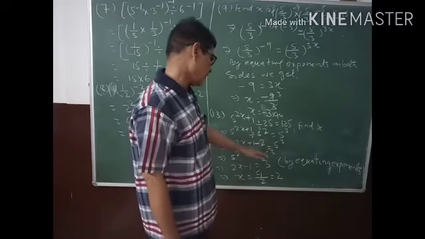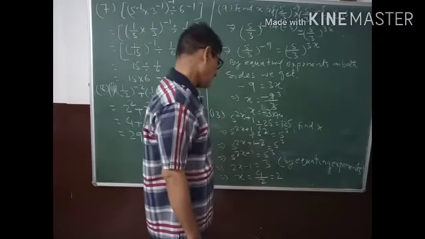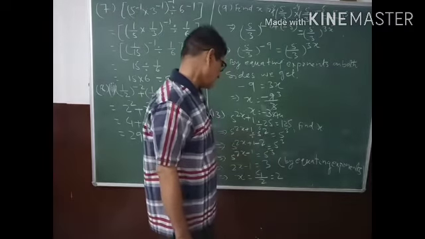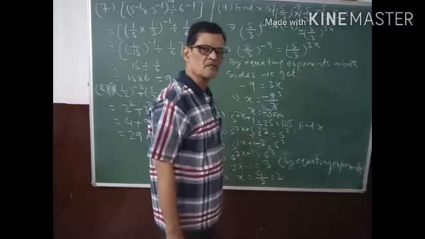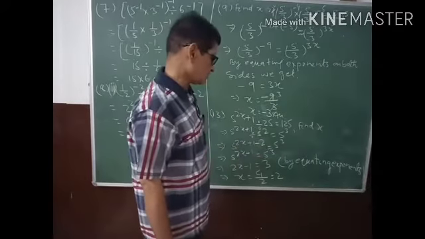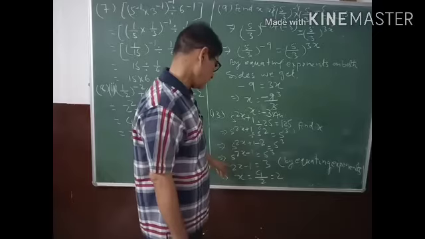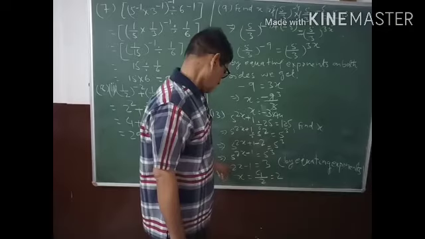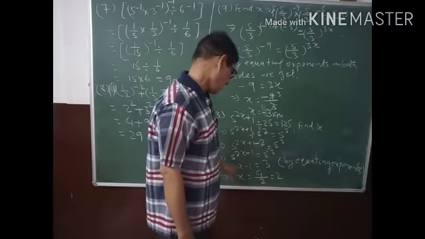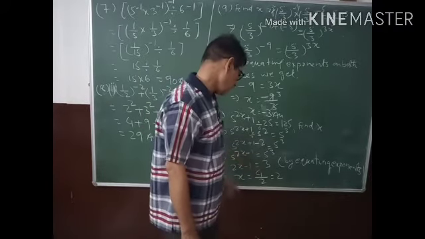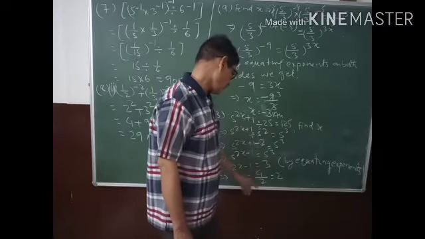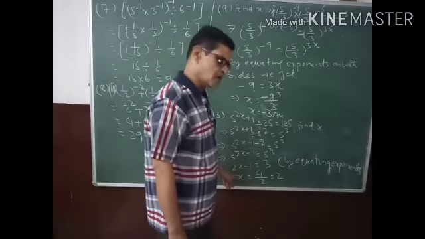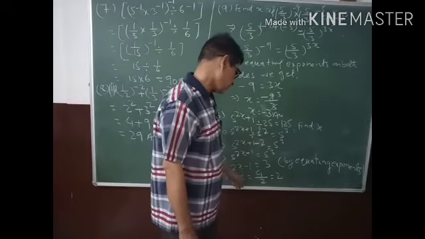Now the bases are same, values of RHS and LHS are same, therefore exponents must be equal. So by equating the exponents, you can write here 2x minus 1 equal to 3. 2x, this will go this side, so 3 plus 1 is 4, and you can divide 4 by 2 to get the value of x. This is how x equal to 2.